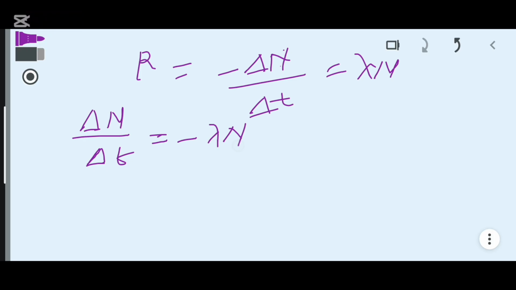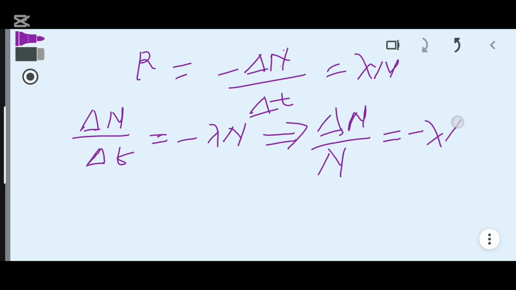At this stage, we are going to collect like terms. This equation will now result in change in number of particles over the actual number of particles equals negative decay constant times change in time.